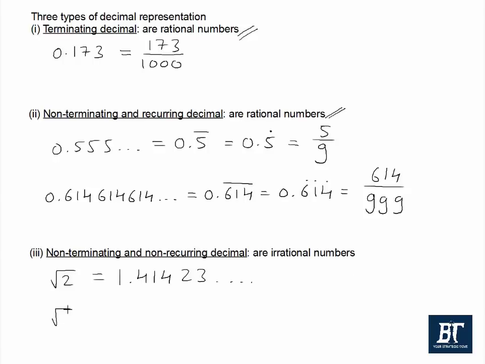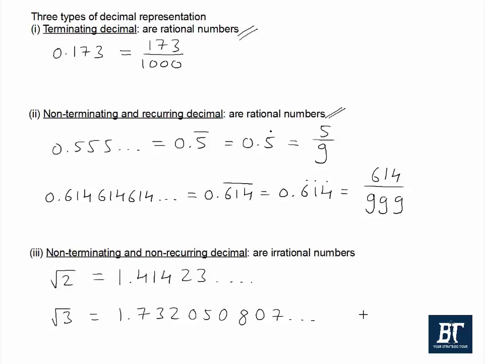Another example is root 3, which is equal to 1.732050807 dot dot dot. This is also an irrational number because there's no pattern in this, and hence you cannot write this in p by q form.